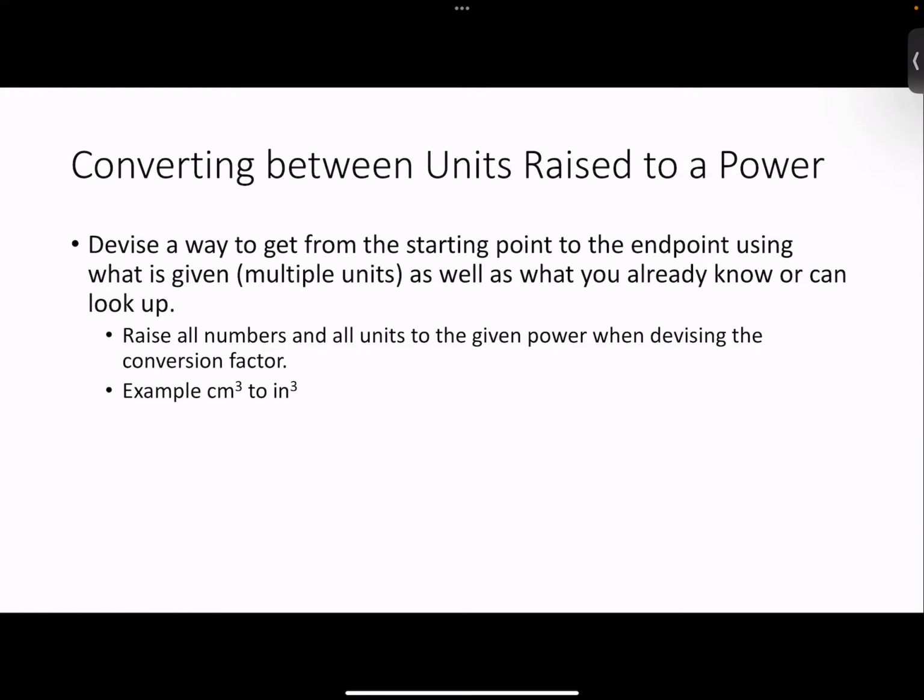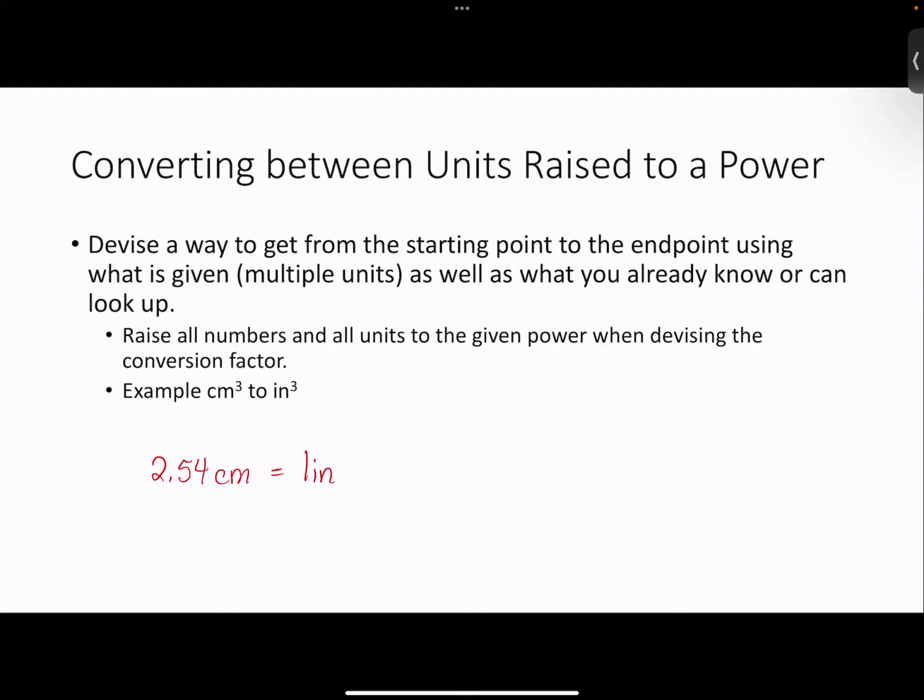So if I am looking at centimeters cubed to inches cubed, then I have to worry about raising the centimeter cubed to the inches cubed. Let's see what I mean by that. 2.54 centimeters is equal to 1 inch.